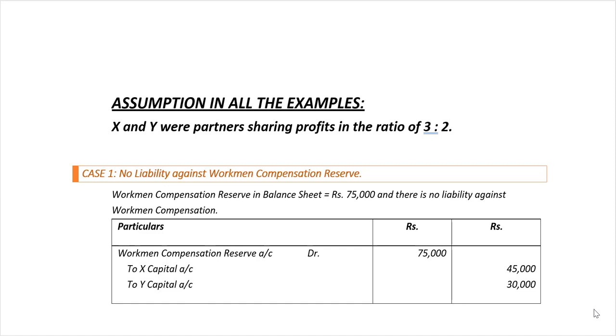Now there is no liability against the reserve, so the entire reserve is free and will have to be distributed among the partners X and Y in their profit sharing ratio, which is 3:2, and the journal entry to be passed is workman compensation reserve account debit rupees 75,000 to X's capital account rupees 45,000 to Y's capital account rupees 30,000 for distribution of the workman compensation reserve.